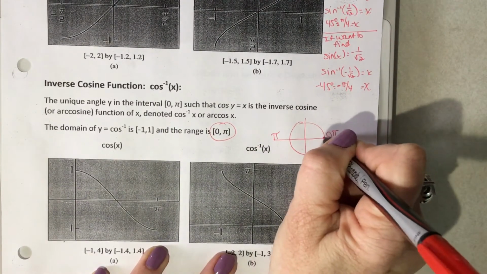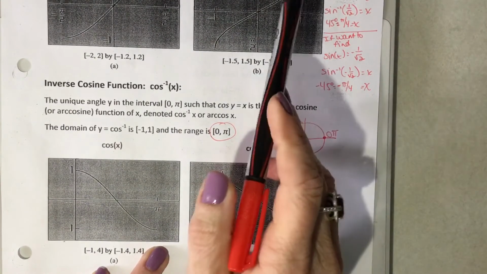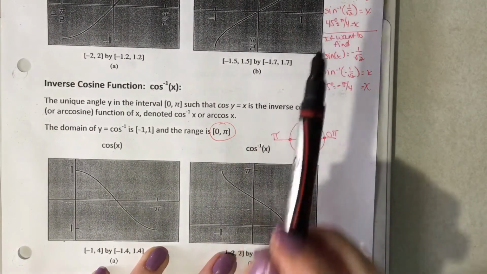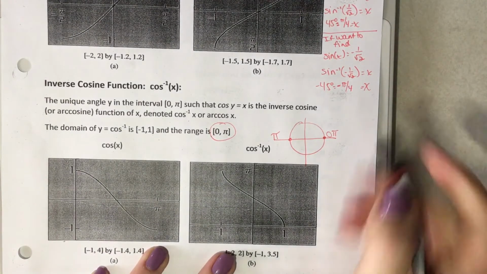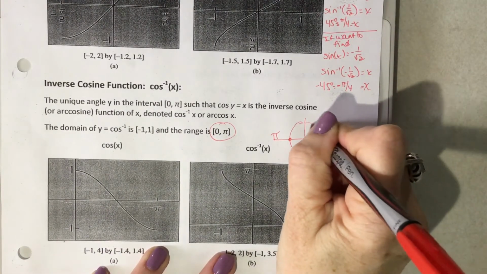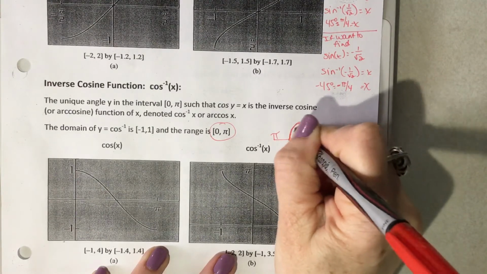So cosine, oh, and one thing I didn't talk about for sine is the quadrantal angles in the first and in the fourth, which would be the pi over 2 and the negative pi over 2. The 90 and the negative 90, those are inclusive. Those would be like closed circles. Okay, so same thing here. And this is just in the first and the second quadrants.